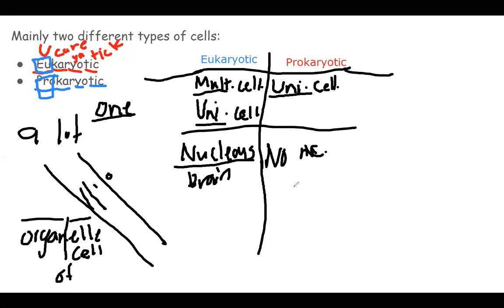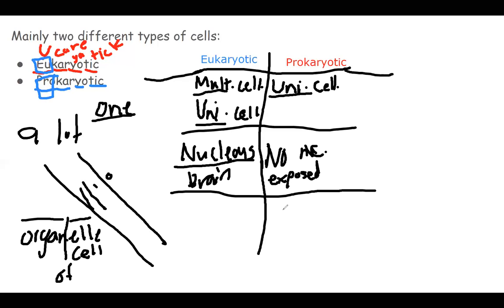No nuke, it just has exposed chromosomes, exposed DNA. So it's exposed and it's not protected by a nuclear membrane. That's what a eukaryotic cell and a prokaryotic cell is separated by: the nucleus, or the brain, the genetics of the cells.